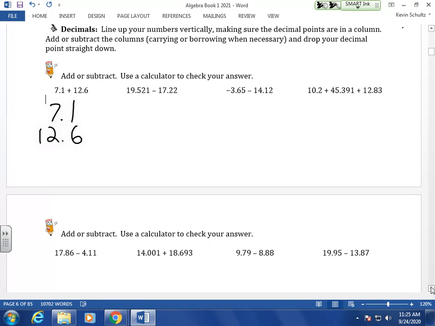So let's put up a number line, and you don't have to do this on your page if you don't want to, but negative 3.65 is going to be somewhere over here, okay? And this says we're starting at negative 3.65, and we're subtracting, so we're going to the left 14.12, right? That's what's happening here. And our answer that we end up with is negative 17.77.